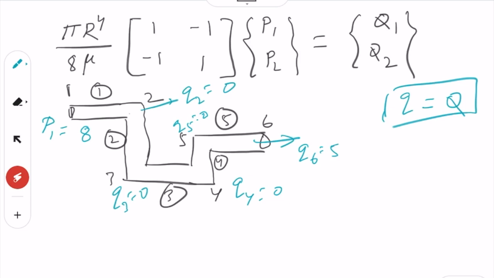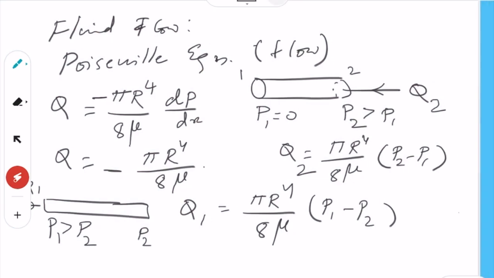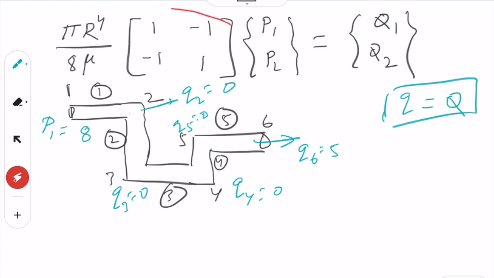So I'm just introducing you to the problems where you can apply deriving the stiffness matrix. This is the stiffness matrix here, right?